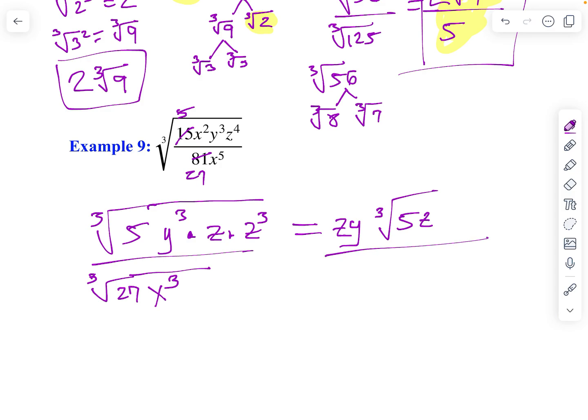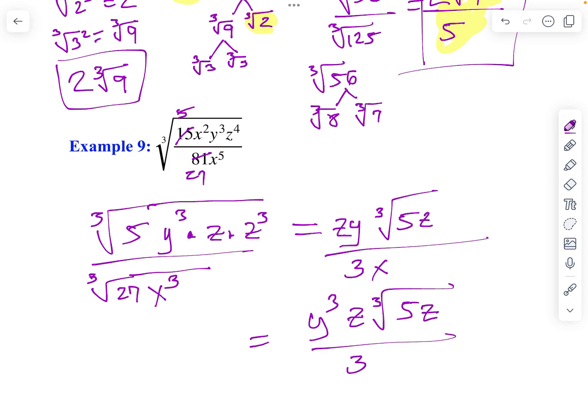In my denominator, the cube root of 27, I look at my chart, that's 3. Should get that one memorized. And x. The only thing is I don't like it when it's not in alphabetical order. It just bothers me. So I'm going to rewrite that as y times z times the cube root of 5z, all over 3x.